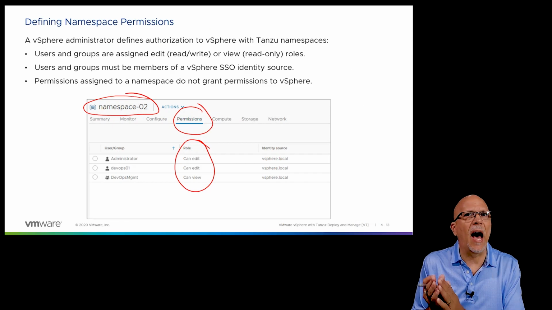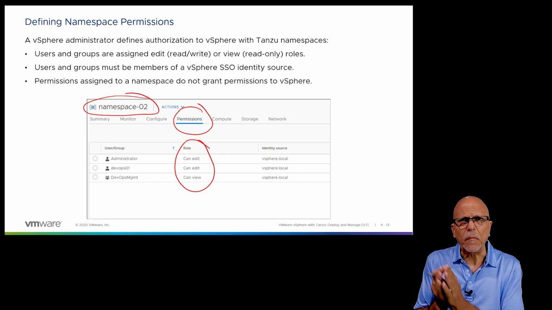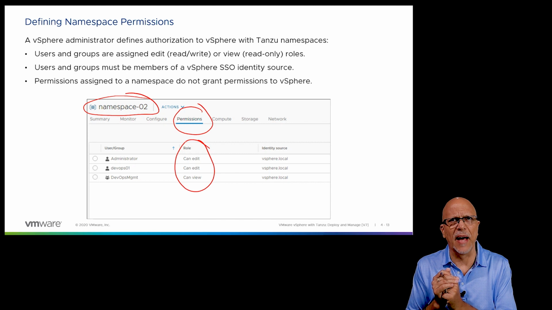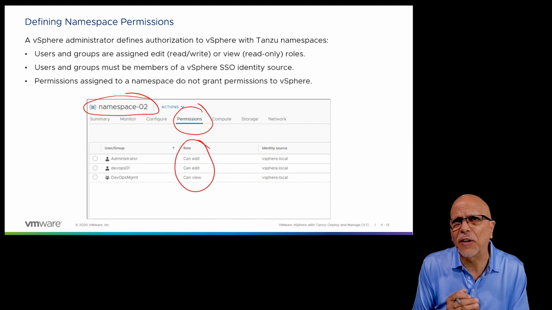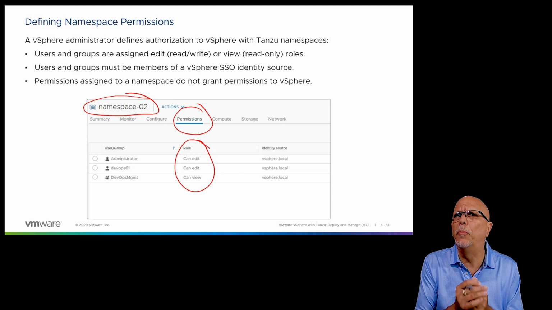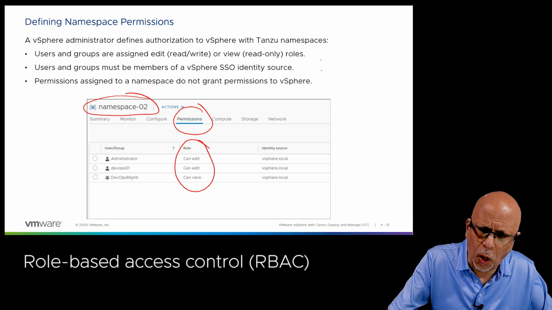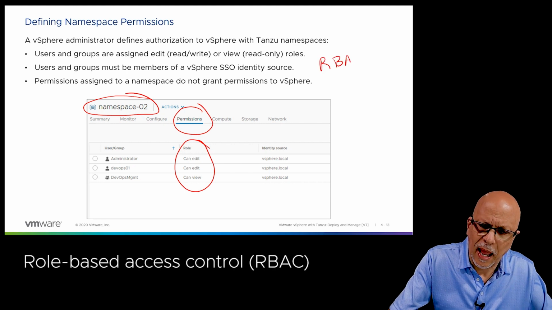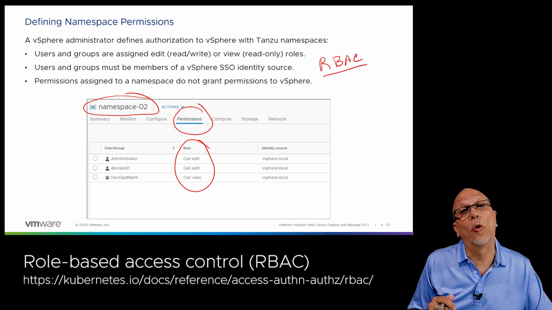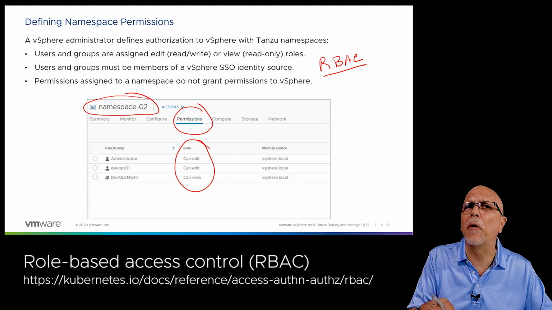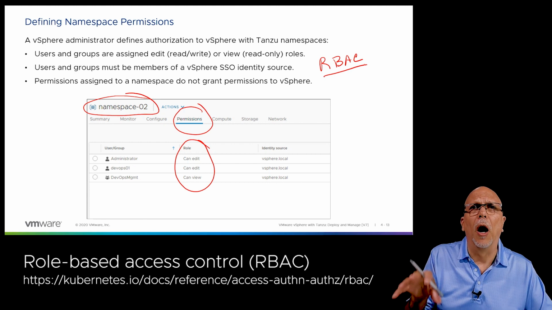The second half of the equation is what they can do inside the Kubernetes platform, inside that namespace. That would be defined using your Kubernetes RBAC manifest, role-based access control. If you look inside the Kubernetes.io documentation, you will see that it's very granular.